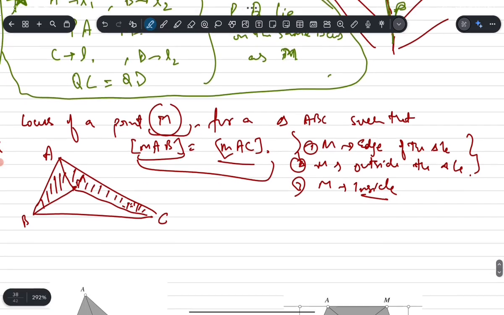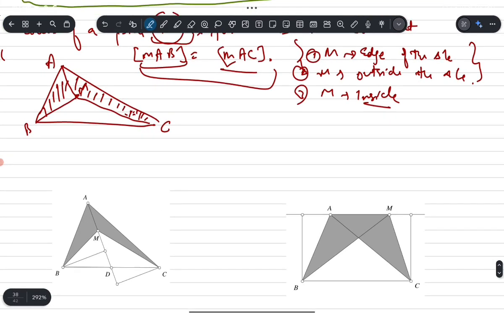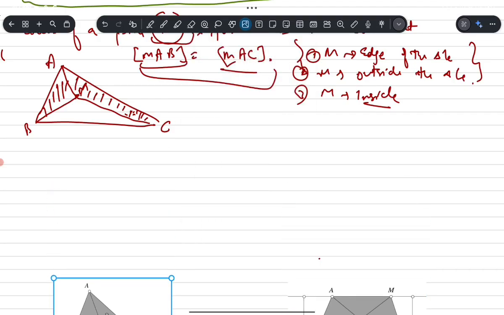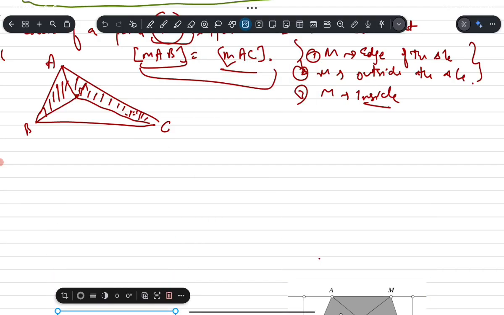So first of all, let me do it for M being on the edge. That's going to be the first case. Let me first drag these diagrams down. We don't need these as of now.